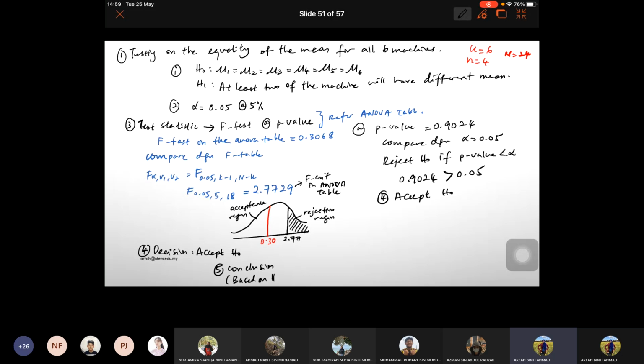Based on H null. So based on H null meaning that we are 95% confident that there is no significant difference in the mean. Soalan dia mean apa ya?